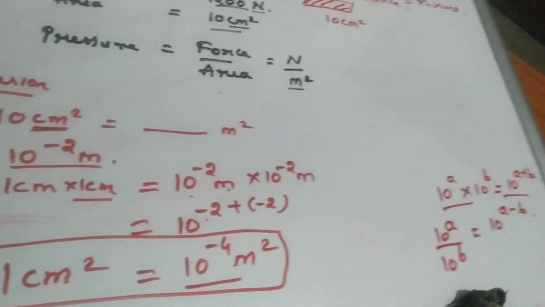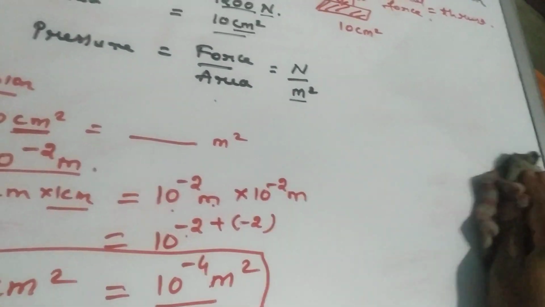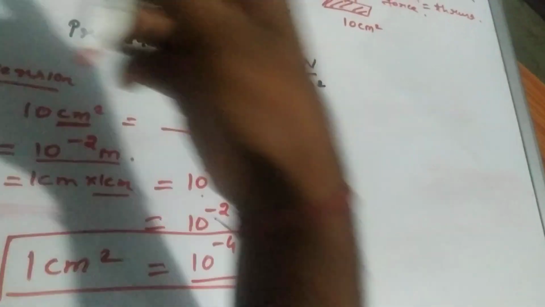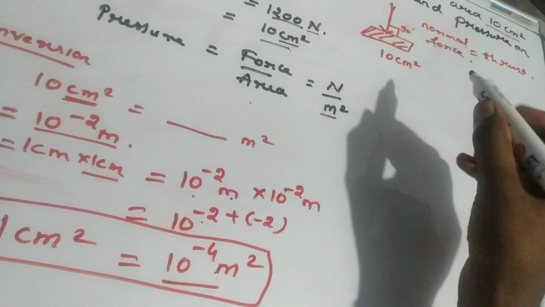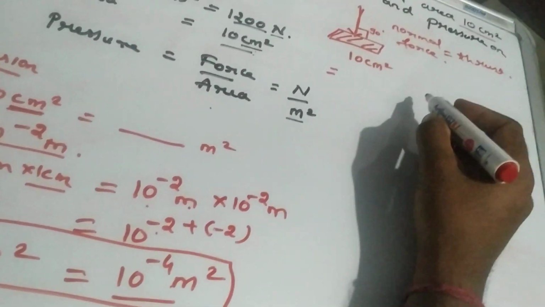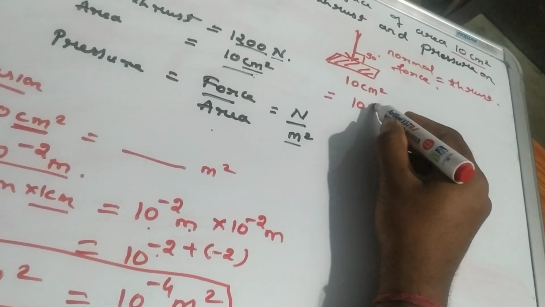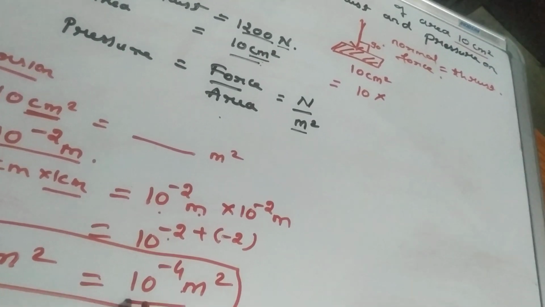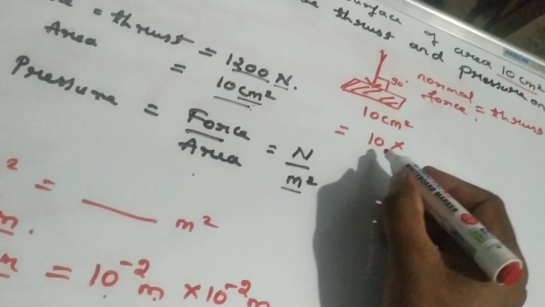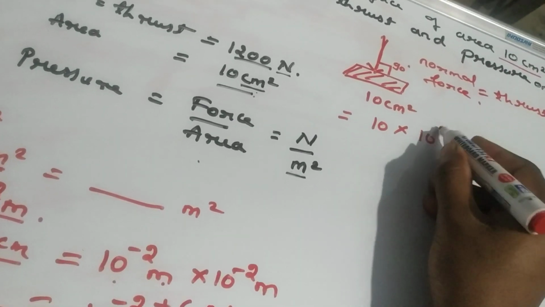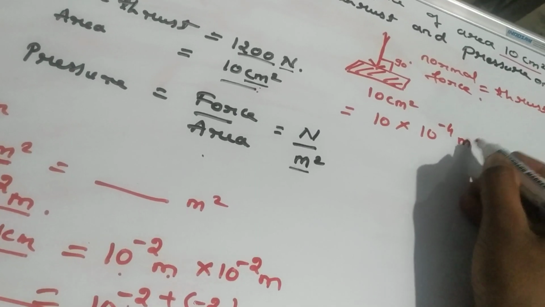After knowing this, now I can convert the area. Look here, 10 centimeter square. 10 into 1 centimeter square is 10 into 10 to the power of minus 4 meter square.